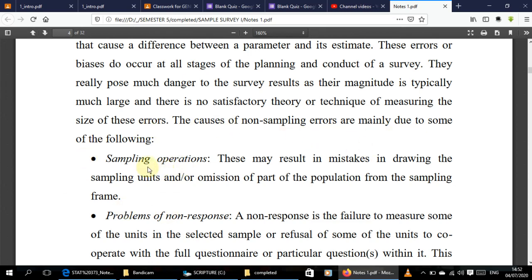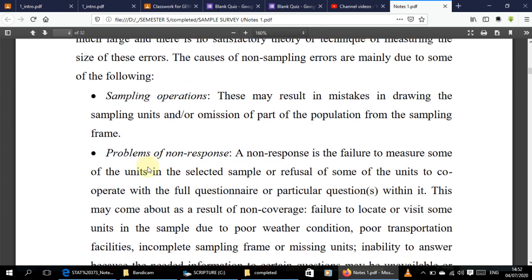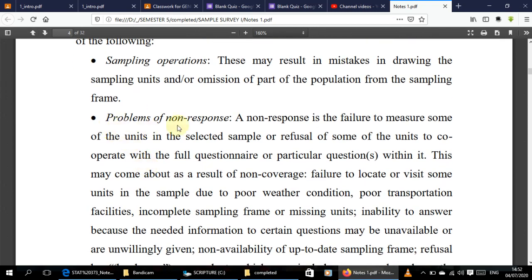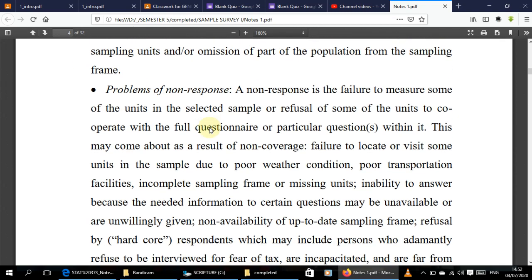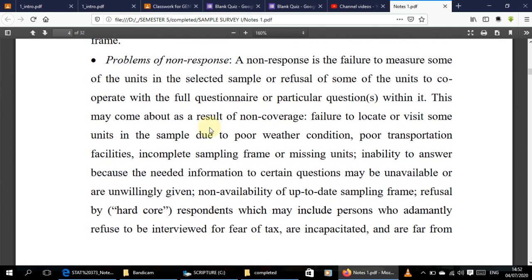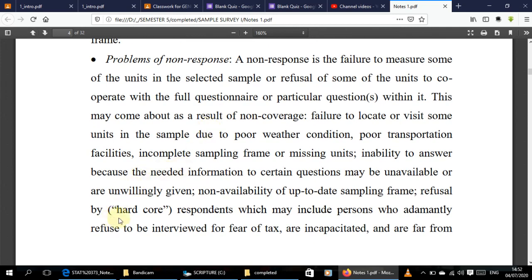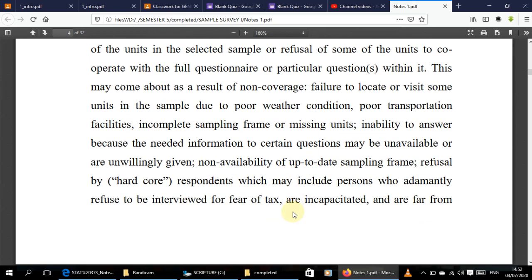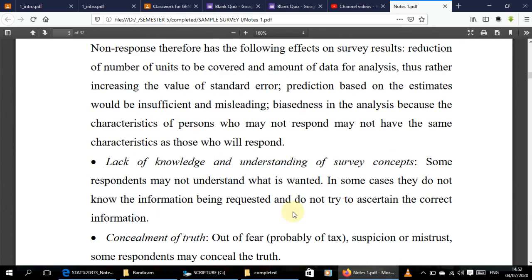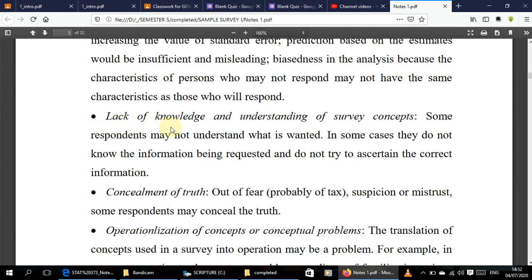So there is no technique to measure that error, and it is basically caused by the following. I've mentioned some, okay. The problem of non-response: people didn't respond to the questionnaires, they are hardcore, they don't willingly give you the information you need, okay. Like lack of knowledge and understanding of the survey concepts, okay.